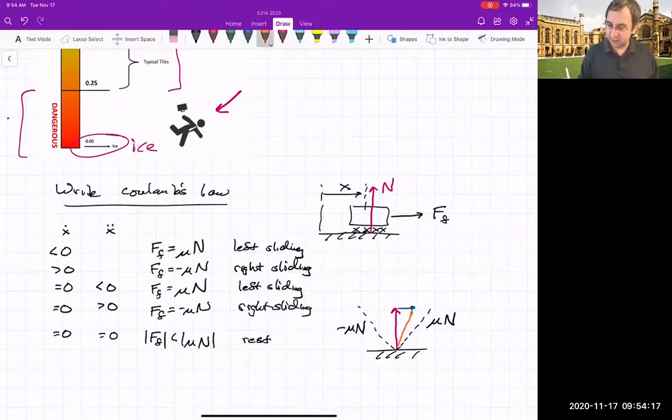So if we're inside, this is inside the cone of friction, no motion. If you're on the cone of friction, then there is motion.